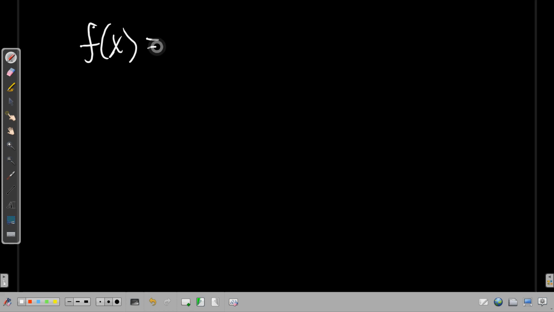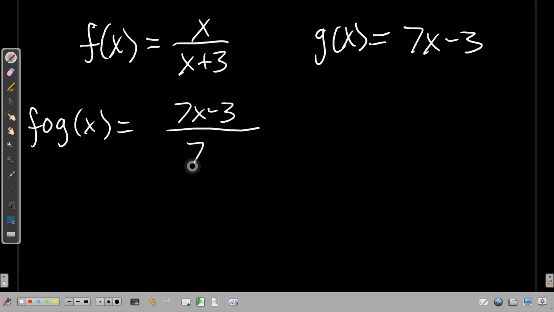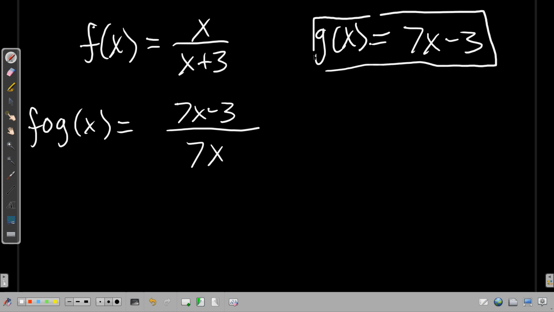Let's look at if f of x was a rational, x over x plus 3, and g of x is 7x minus 3. Then f circle g would be (7x minus 3) over (7x). Now, g has no domain restrictions.